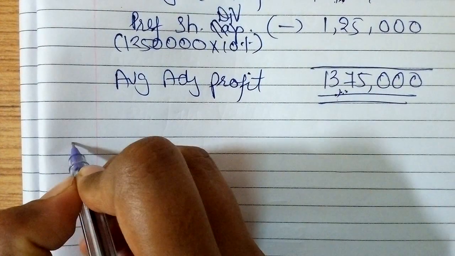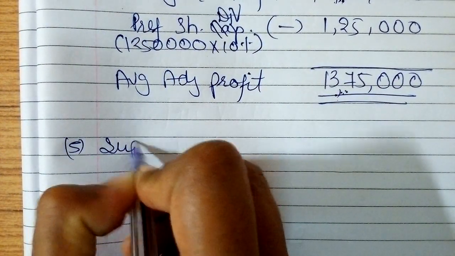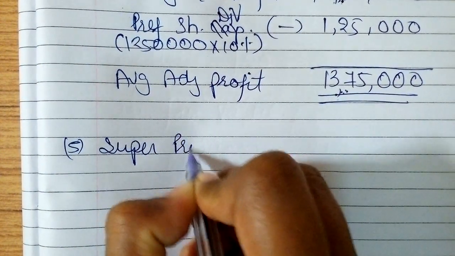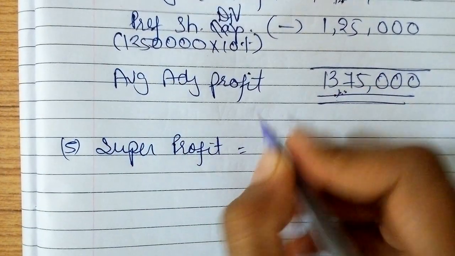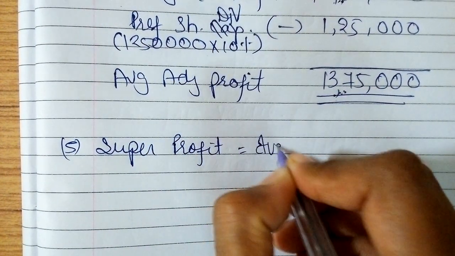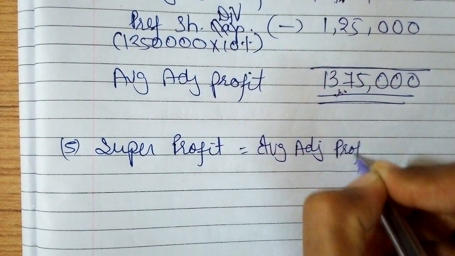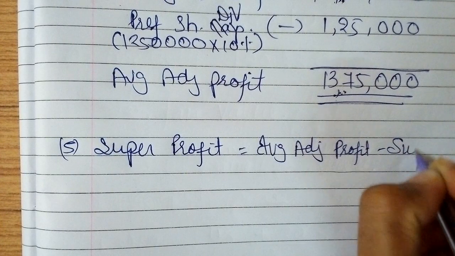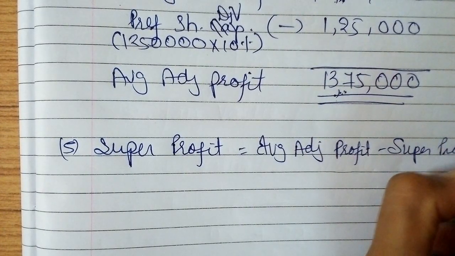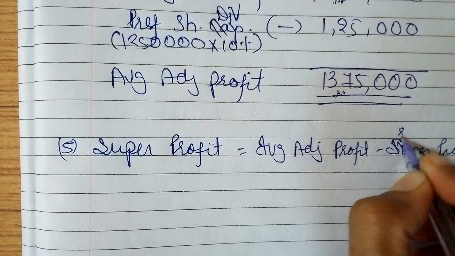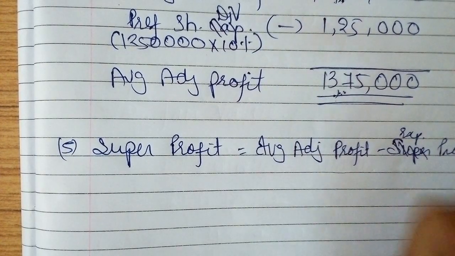Next step number 5, super profit. So formula: average adjusted profit minus expected profit.